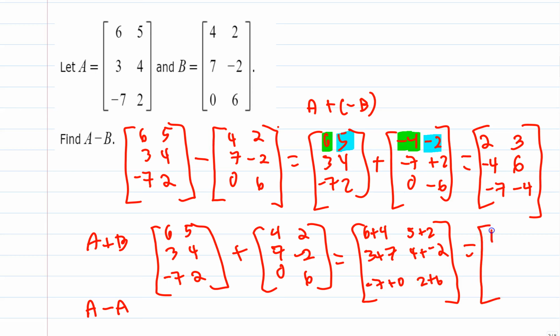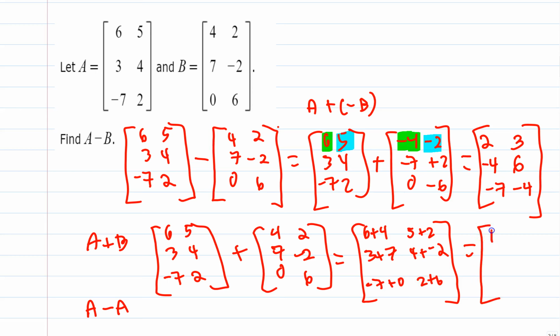And then my last example here, just for fun, A minus A. You're like, well, that's just 0. Well, sort of. Take the A, minus A, becomes A plus, and then distribute the negative. So negative 6, negative 5, negative 3, negative 4, positive 7, and negative 2, right?